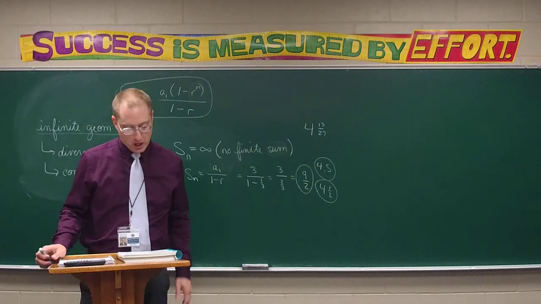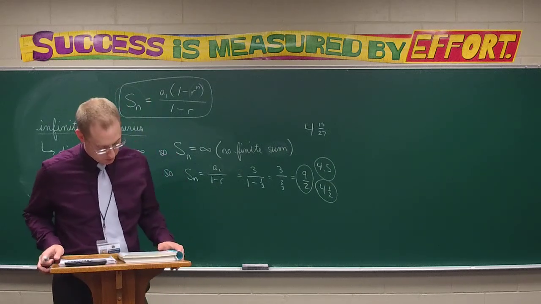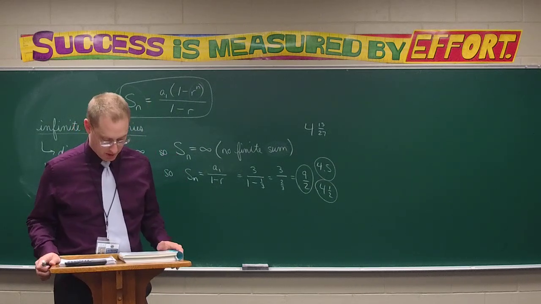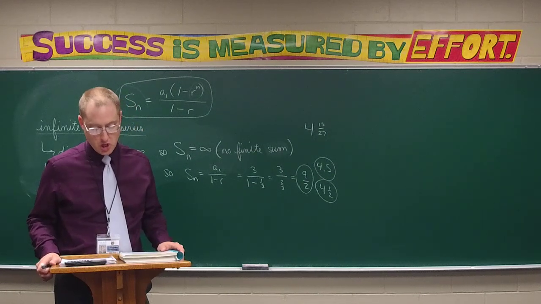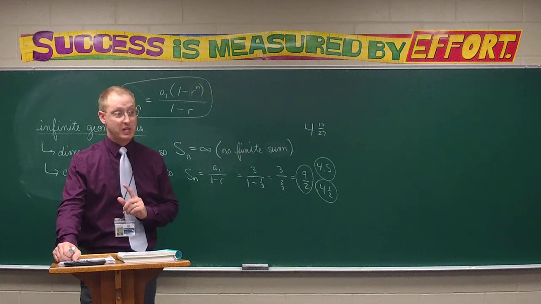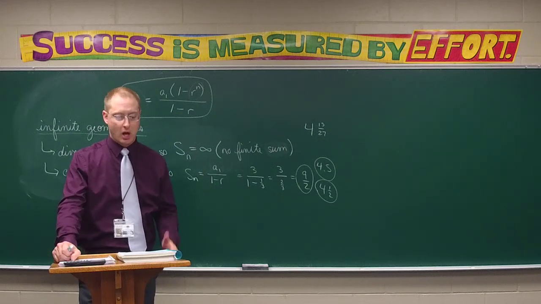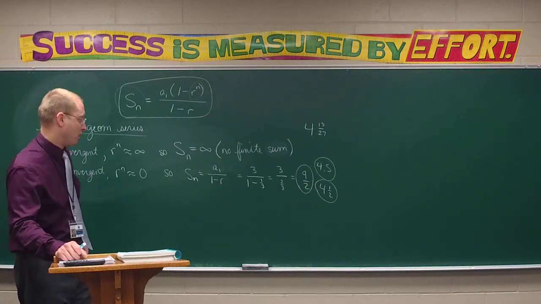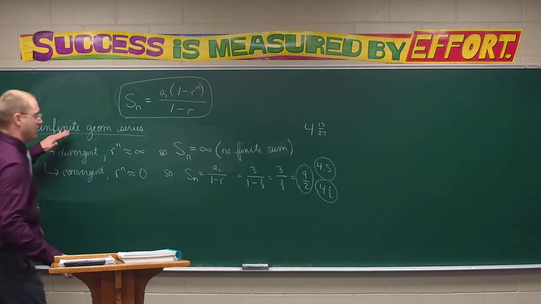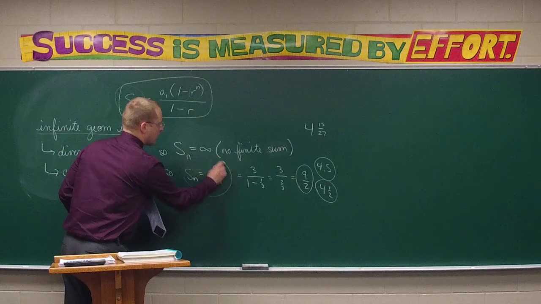Look at the next example. 4, 3, 9/4, 27/16, 81/64. Are the numbers getting bigger or smaller? Smaller. Not very quickly, but they are getting smaller, aren't they? All right, what's the common ratio here? 3/4. So if I want an infinite series, I'm going to go with this formula.